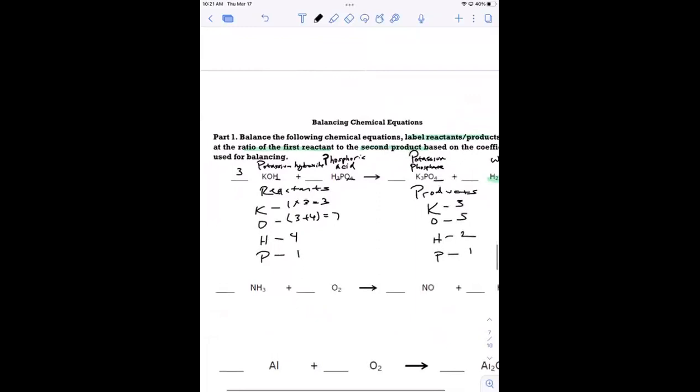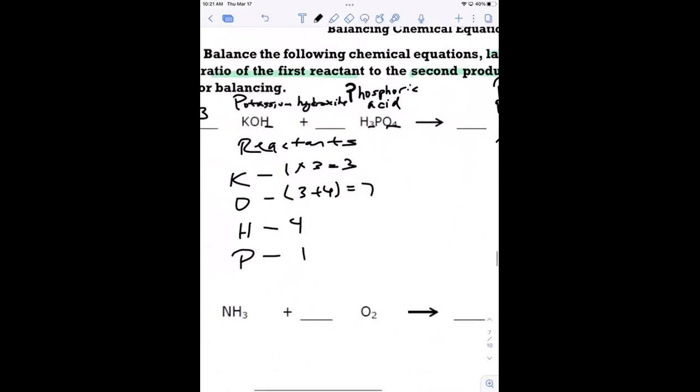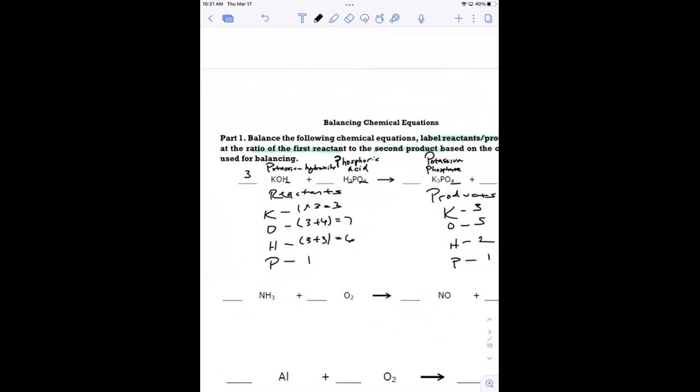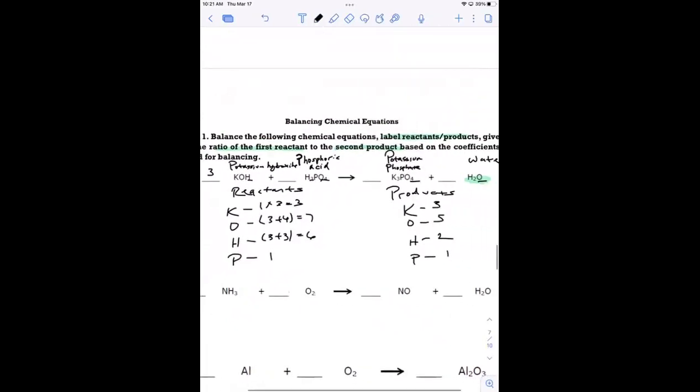All right, and then for hydrogen, now we have 3 plus 3 instead of 4, right? Because you have 3 here and 3 there. So let's put that in. Now we've got 6 hydrogens, and then phosphorus doesn't change. All right. So on the other side, we've got 3, 5, 2, and 1.